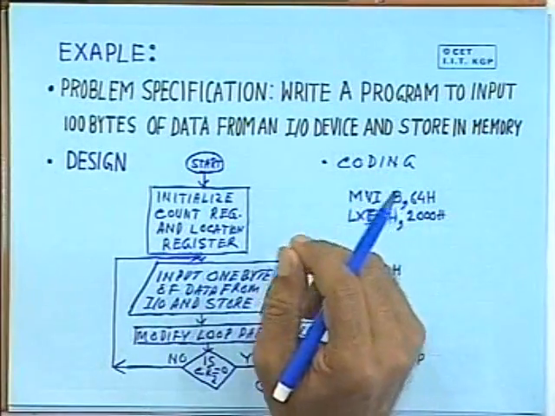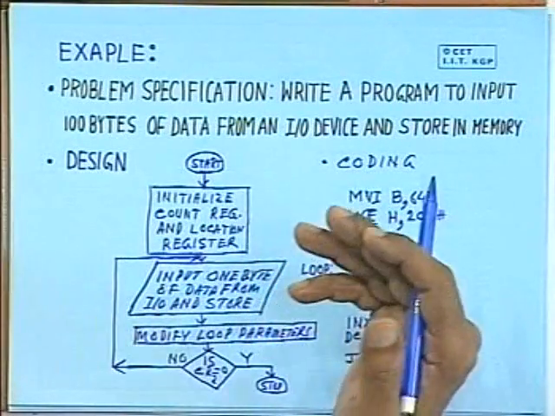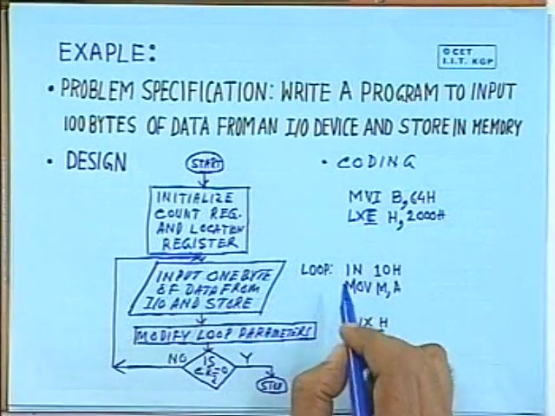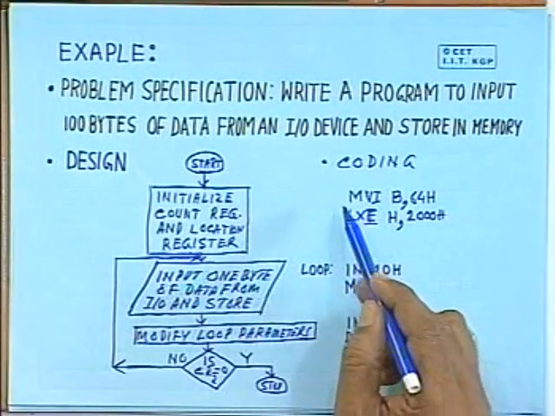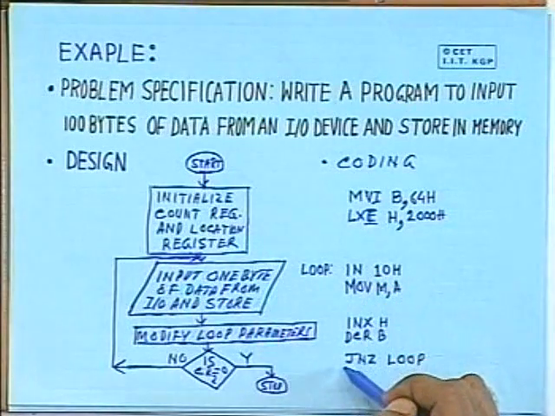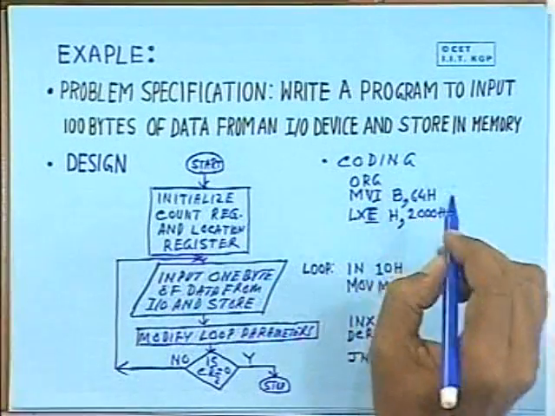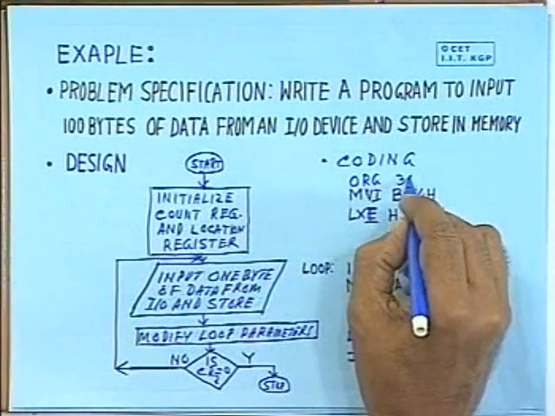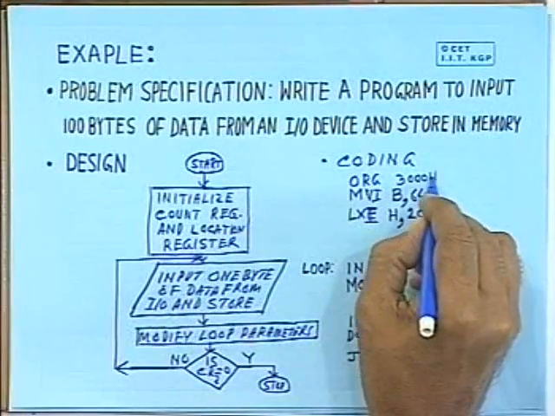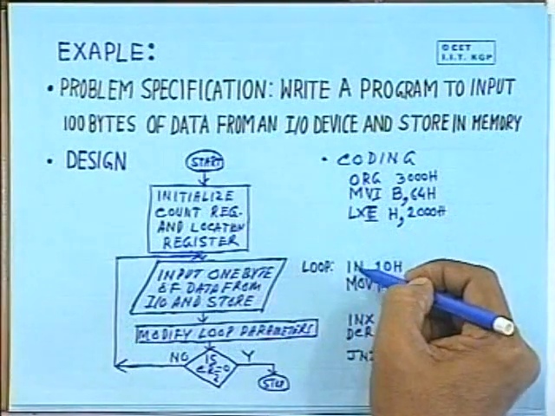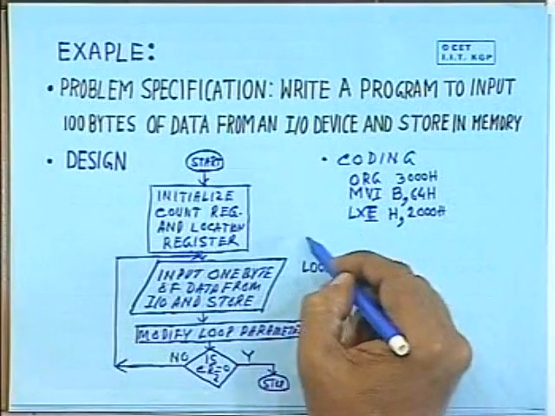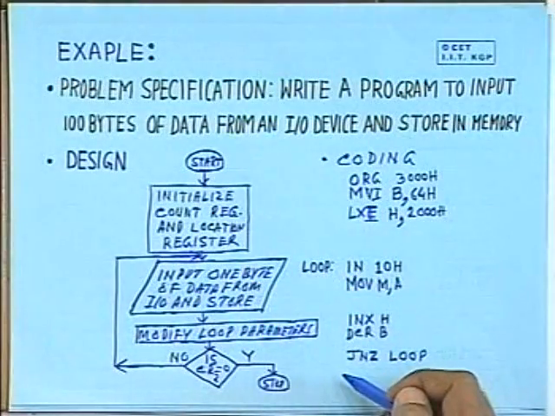You may be asking why a label is not provided for all other instructions. Why only in this case? The reason is that the program counter keeps track of these addresses, and we shall be using one ORG pseudo-op which will specify, let's assume, the starting address is 3000H, and then accordingly the program counter will keep track of the location values, and the assembler will be able to generate this.